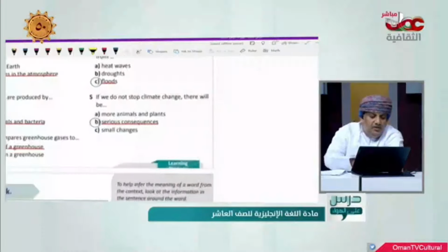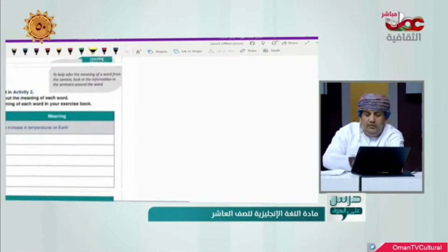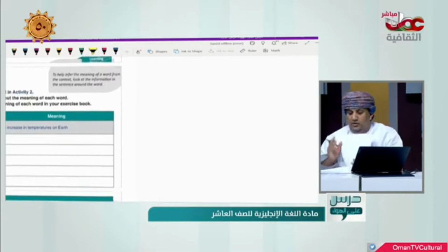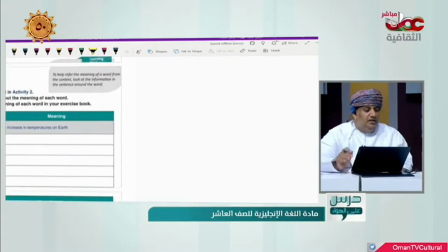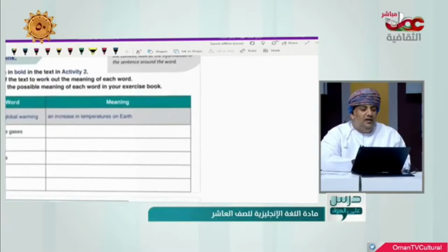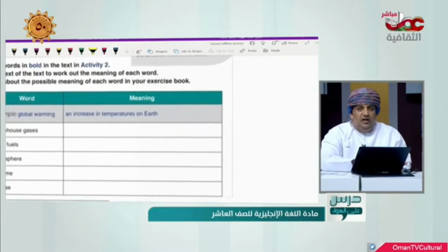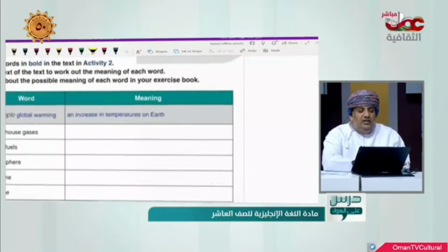Okay, now let's look for question number 4. Let's look for question number 4 together. Yes, look at the words in bold in the text in activity 1. Okay, use the context of the text to work out the meaning of each word.